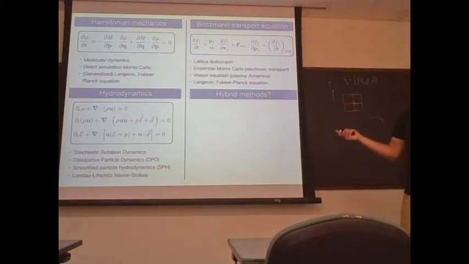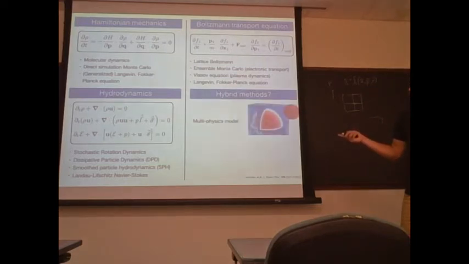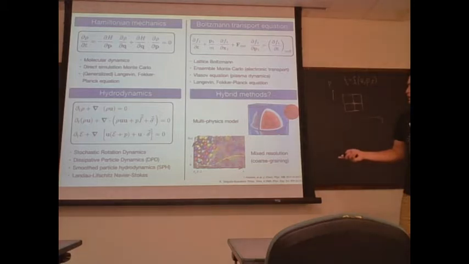Okay, so now I can finally jump into hybrid methods. I divided that into two rough categories. There are multi-physics models where you take something from here and combine it with something from here, between these categories. And then there are other methods that may just be molecular dynamics, but here everything is atomically detailed, and here things are just blobs.